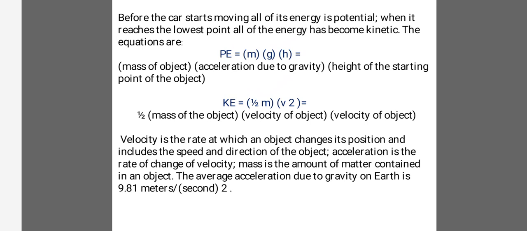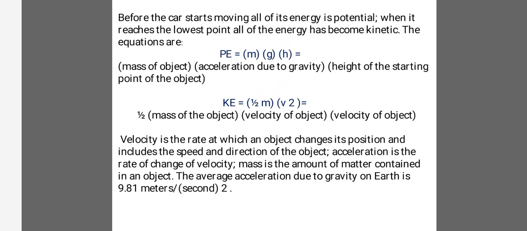The equations are potential energy equals m times g times h, where m is the mass of the object, g the acceleration due to gravity, and h the height of the starting point of the object, and kinetic energy equals half m v square, here half mass of the object times velocity of the object times velocity of the object.